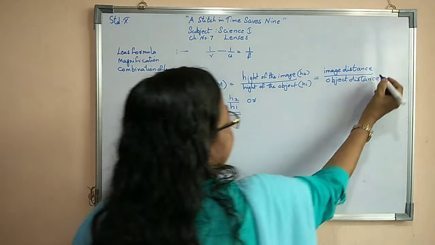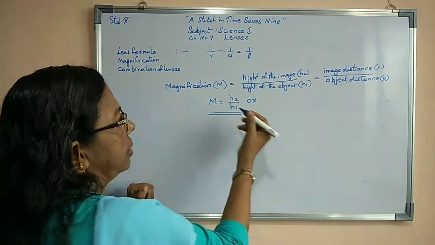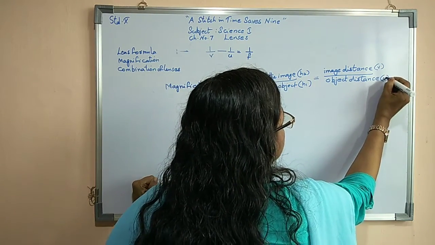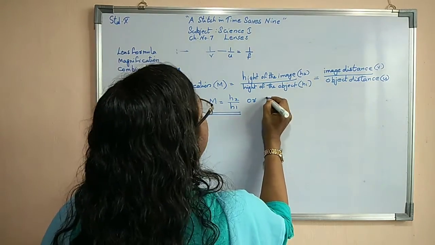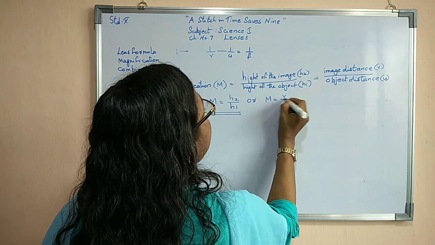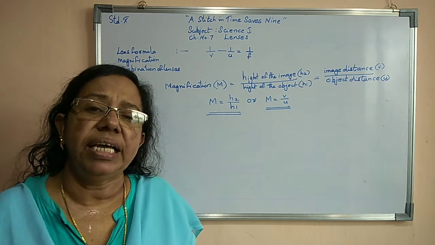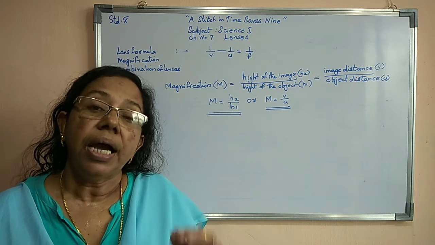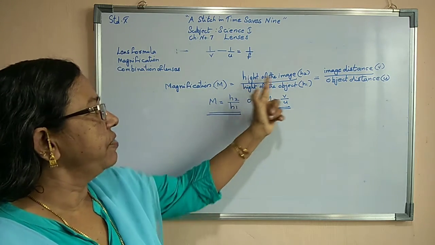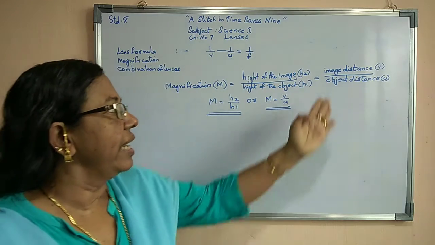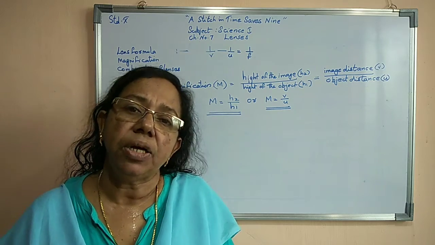Image distance we write as small v, and object distance small u. So we can write M is equal to H2 upon H1, or M is equal to V upon U. So magnification of a lens is the ratio of height of the image to the height of the object, or distance of the image to the distance of the object.